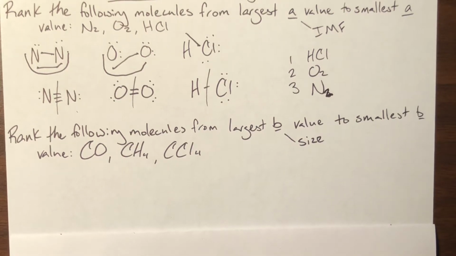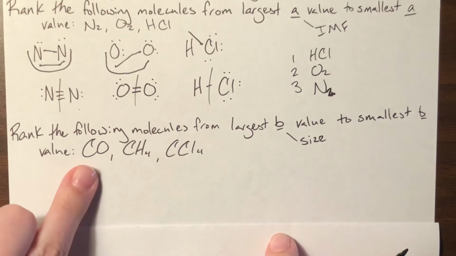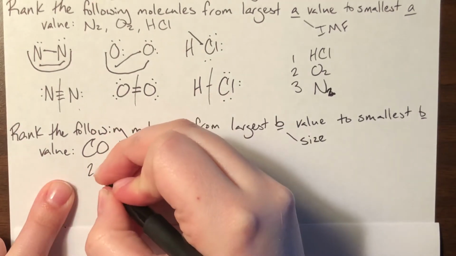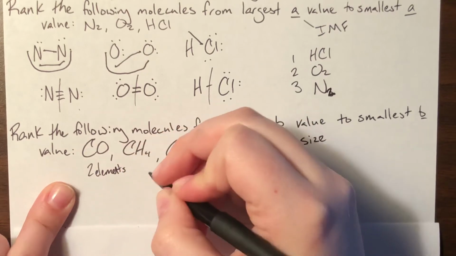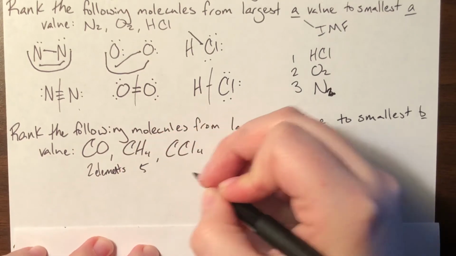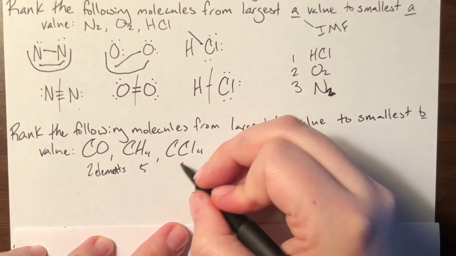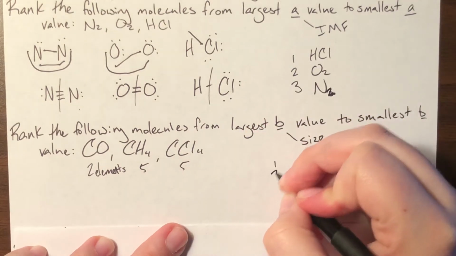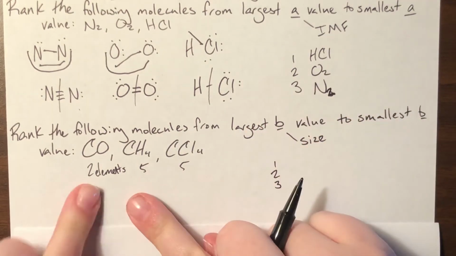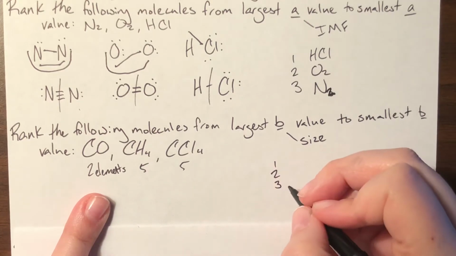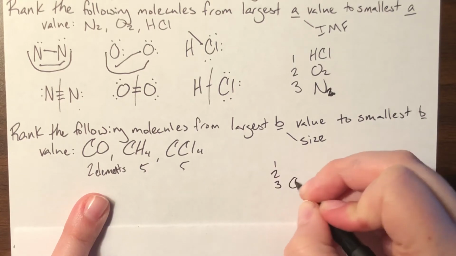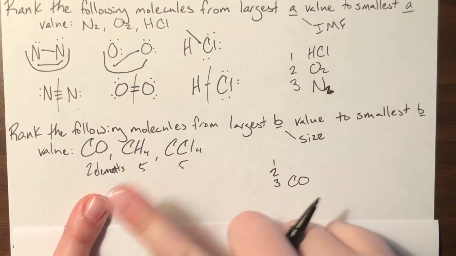And so carbon monoxide here only has 2 elements, where CH4 is going to have 5 and CCl4 is going to have 5. So in my ranking, I'm going to establish that carbon monoxide is going to have a smaller B value than either of these two.